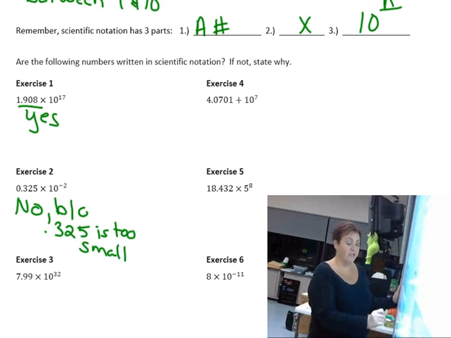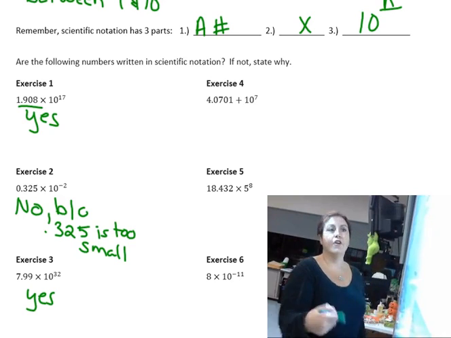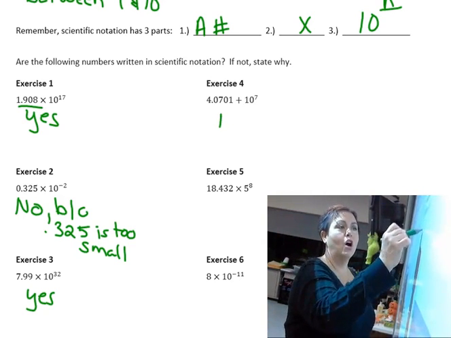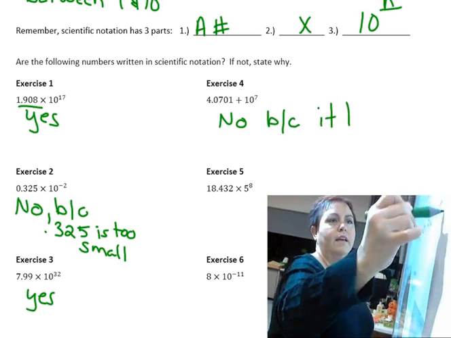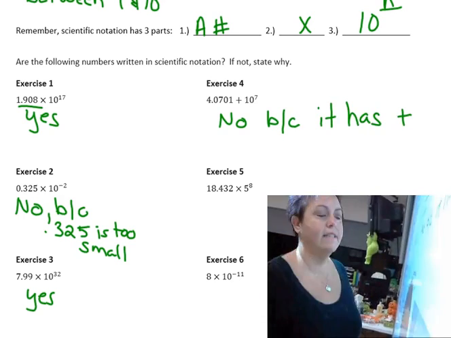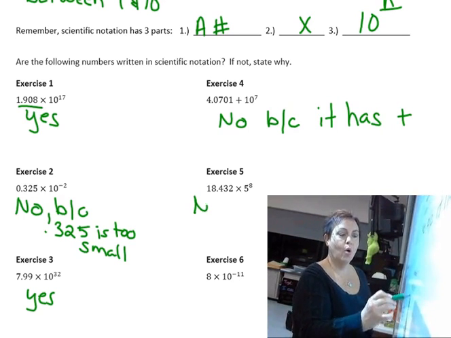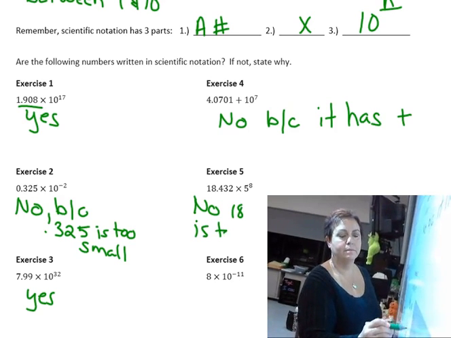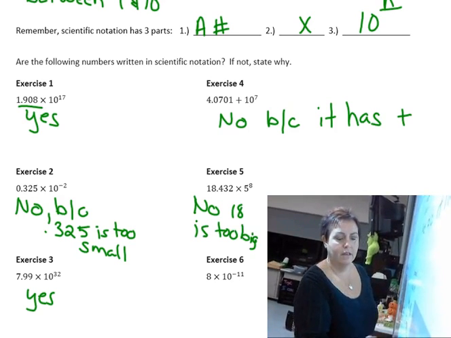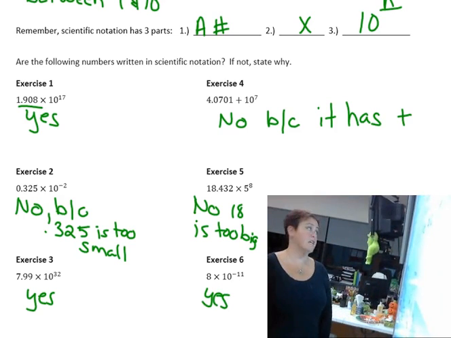For exercise 3, 7.99 times 10 to the 32, yes, that's correct scientific notation. For exercise number 4, no, because it has a plus sign, not a times sign. For number 5, no, because 18 is too big. And number 6 is yes, that is correct scientific notation.